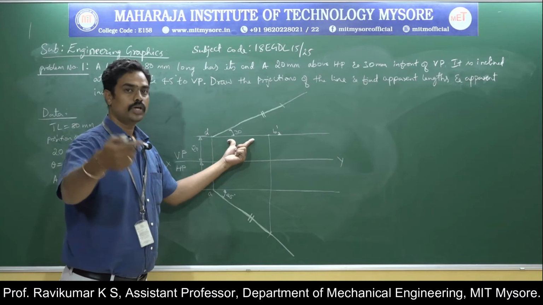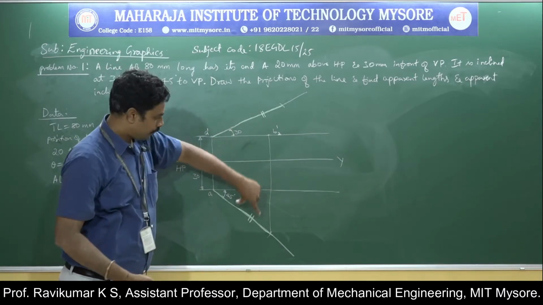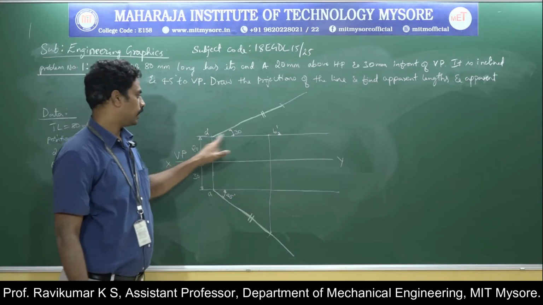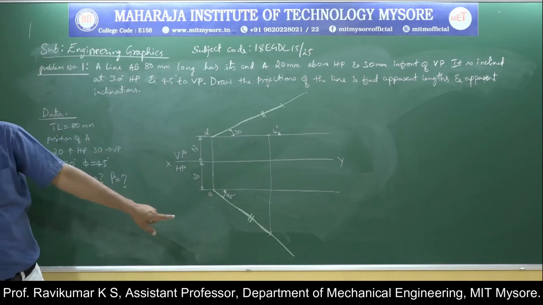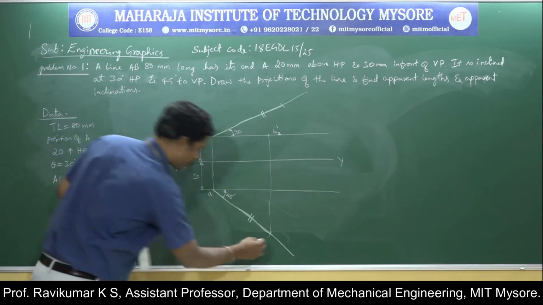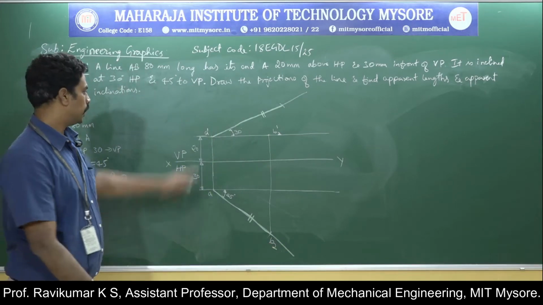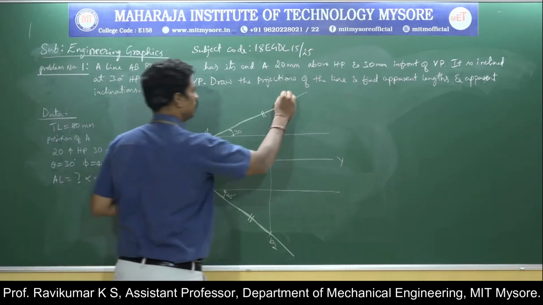So in the front view, it will look like a straight line, and in the top view it will look like an inclined line. So this is one of the cases, A dash, B2 dash, A, and this one is B2. Similarly, this is A1 and that one is B1 dash.